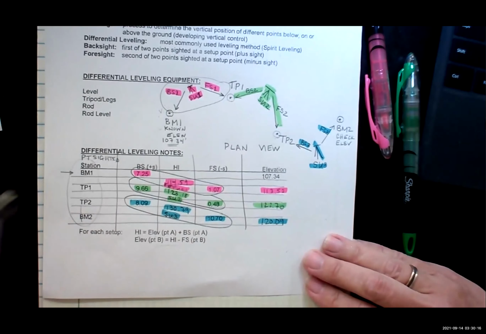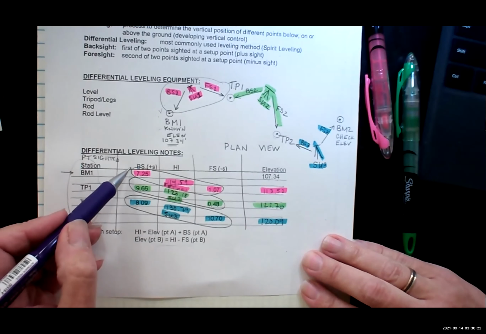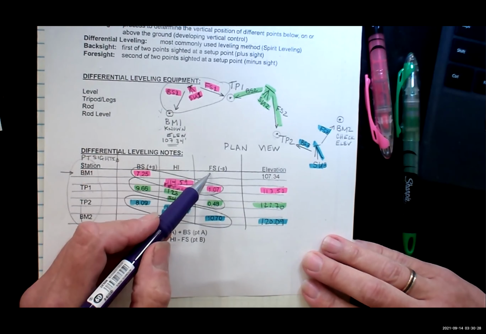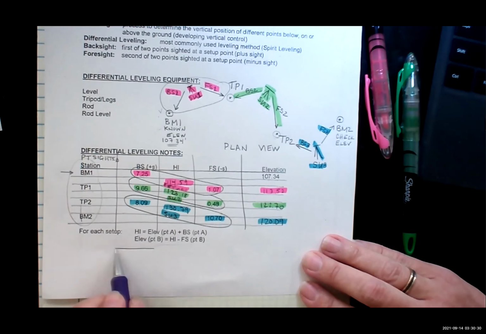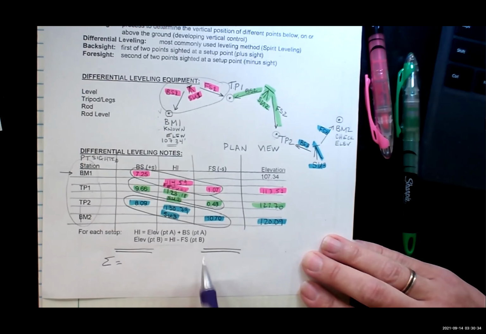All right, we're going to think in terms of math right now. All along, you added the back sights. You subtracted the foresights. Add up all the back sights and add up the foresights.